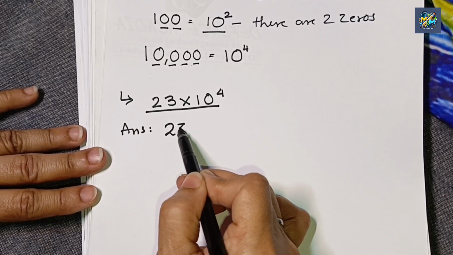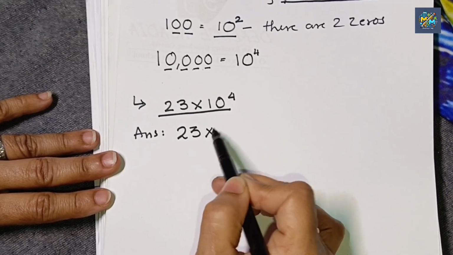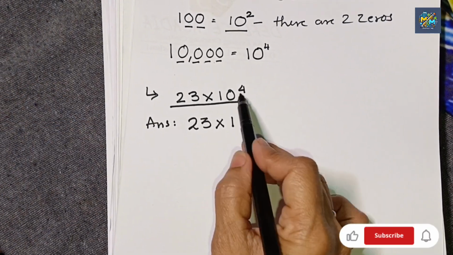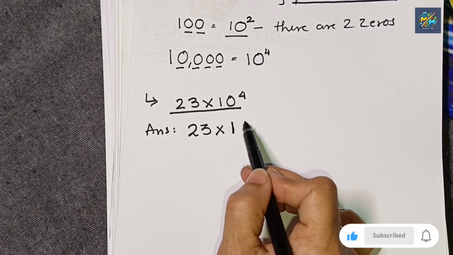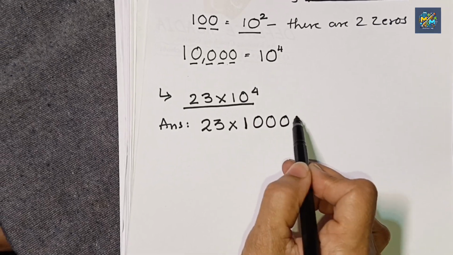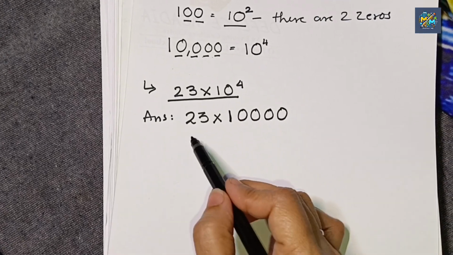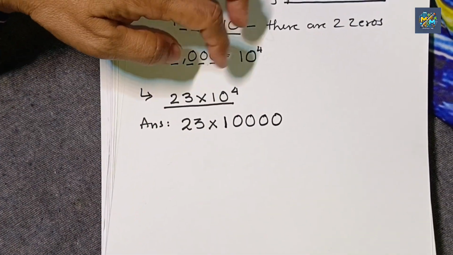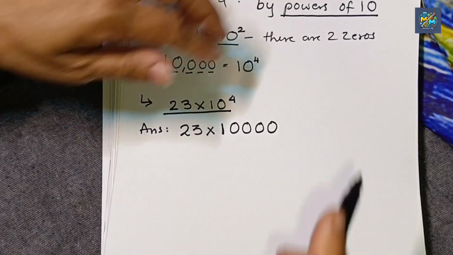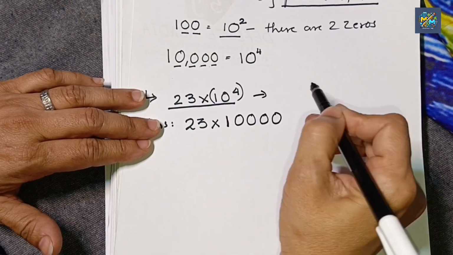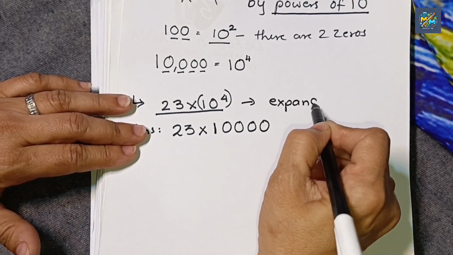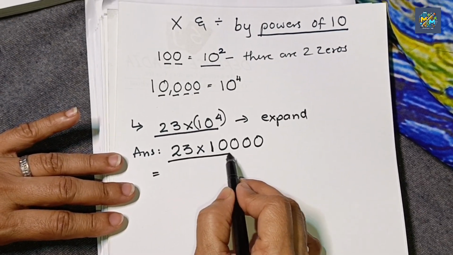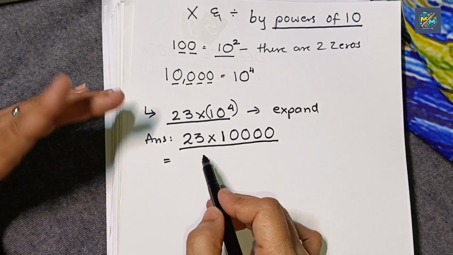I will write 23 multiplied by 10 raised to 4, which means there have to be 4 zeros. 1 is already there: 1, 2, 3 and 4. You can understand this sum in a way that you have to expand the power of 10. Expand means open it.